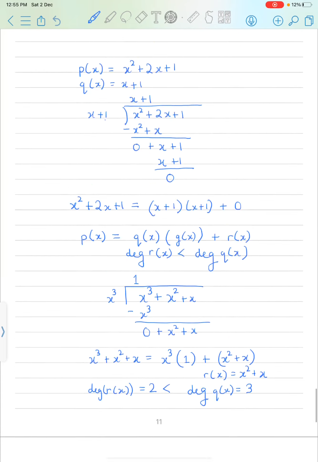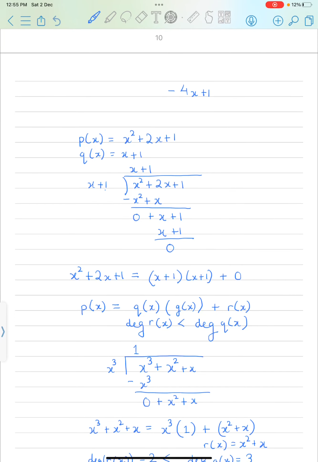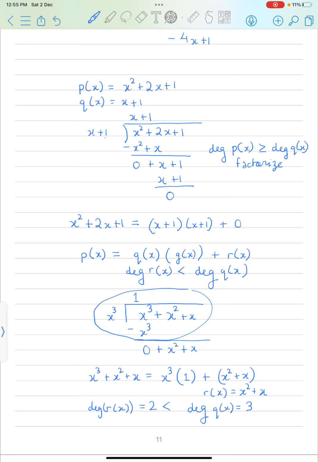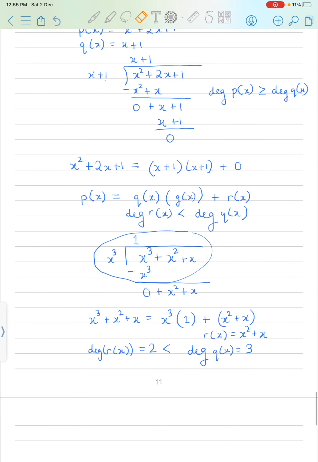So if your degree p(x) is greater than or equal to degree q(x), you divide it by q(x) so that you will get a remainder term.